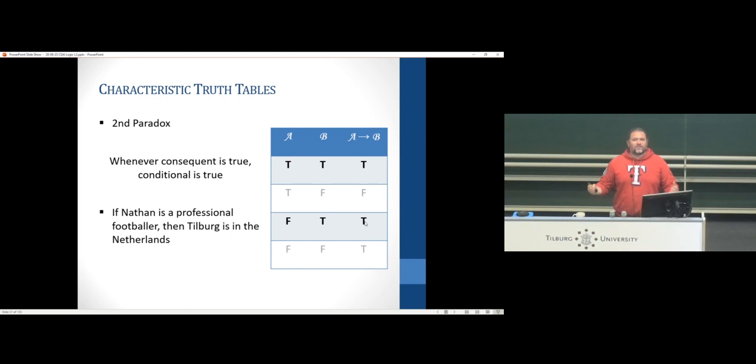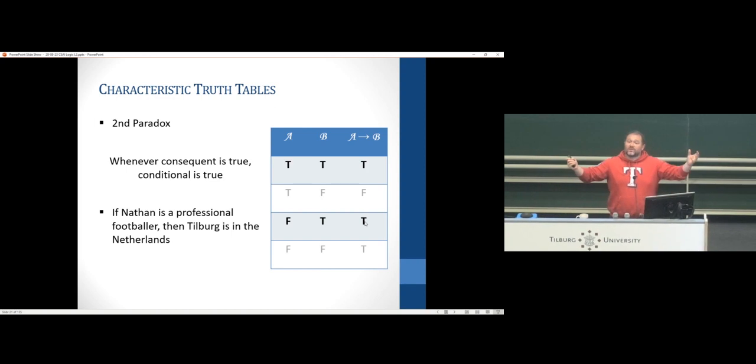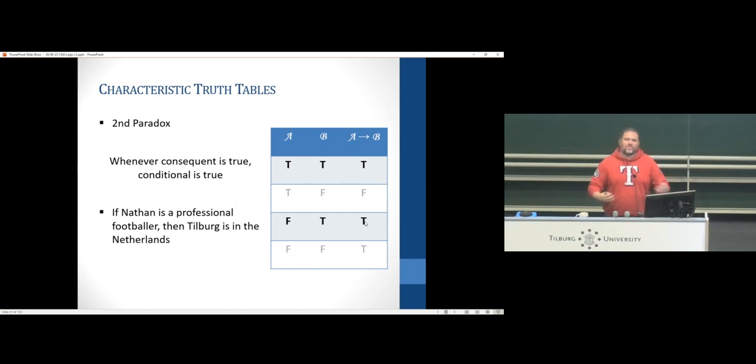This highlights something weird about our little arrow. Our arrow doesn't say anything about there being a connection between the antecedent and the consequent. At least not in terms of like relevance or meaning or anything like that. It's only interested in truth functional connections.